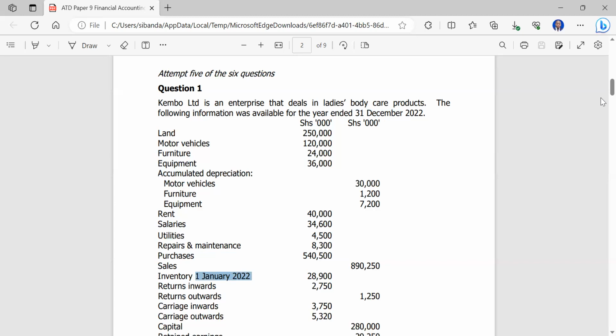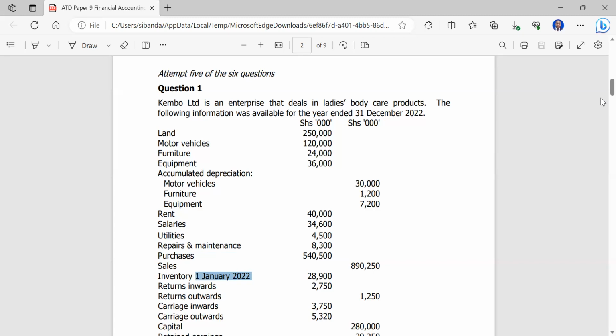But you should know that this inventory that is here is opening inventory, and where we use opening inventory is in the profit and loss when we are calculating our cost of sales. But this inventory never goes to our statement of financial position. Why?